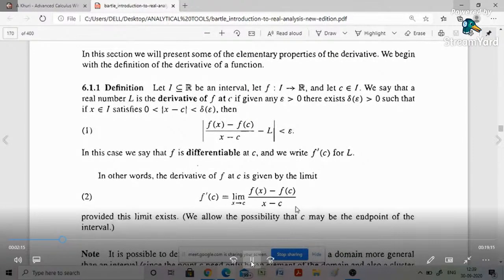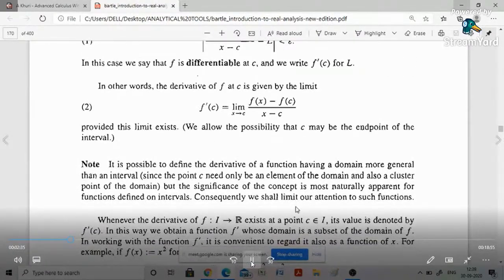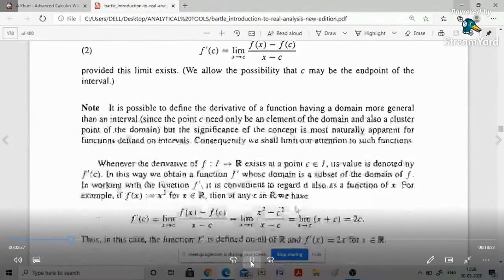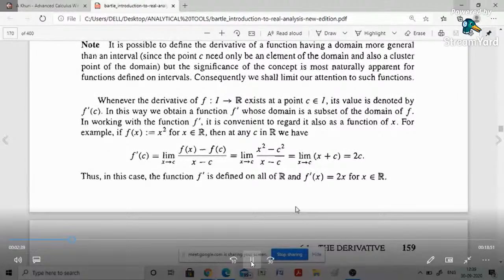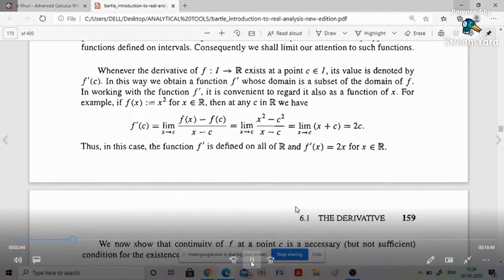If this limit exists, okay, limit exists means both the right limit and left limit exist at that point. If the limit exists for (f of x minus f of c) by (x minus c), then we say that the function f is differentiable. Okay, this is an example. x square, we can differentiate x square and we will get the answer as 2x.